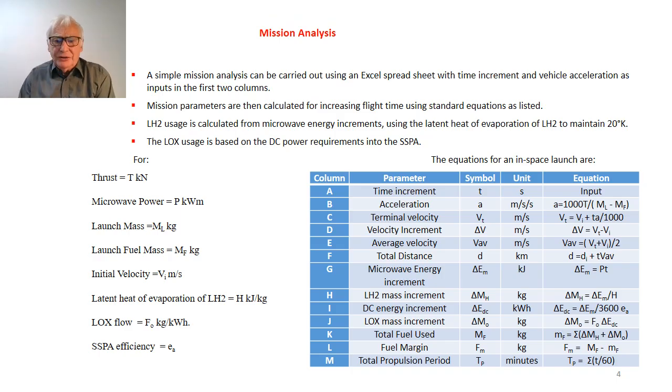In effect, if you're going to have no margin left at the end of the flight, then you'll simply integrate until you've used up the total fuel, which of course then gives you a total propulsion period. So it's all a pretty straightforward technique, and is straightforward for anybody who's familiar with using Excel spreadsheets, which I'm sure we all are.